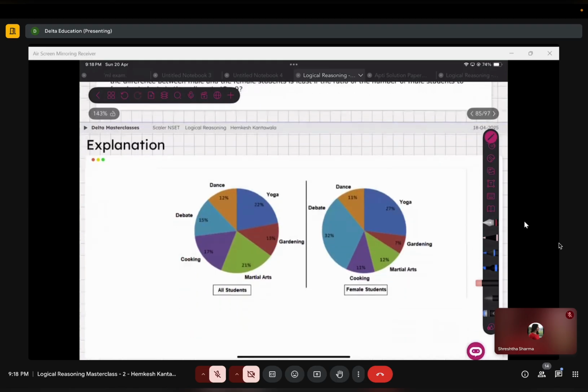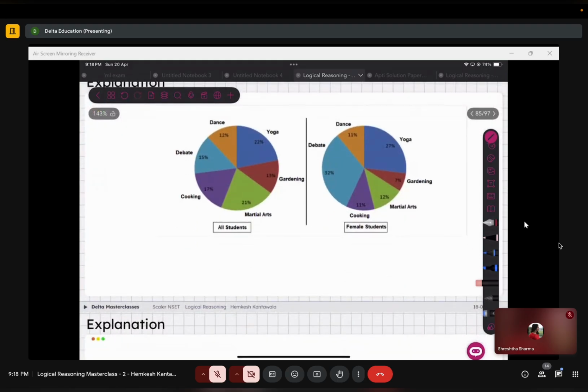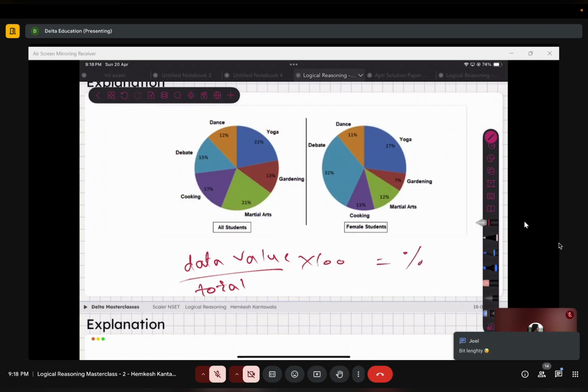Percentage is the data value upon the total, times 100. If we want to find out yoga, let's do one calculation.